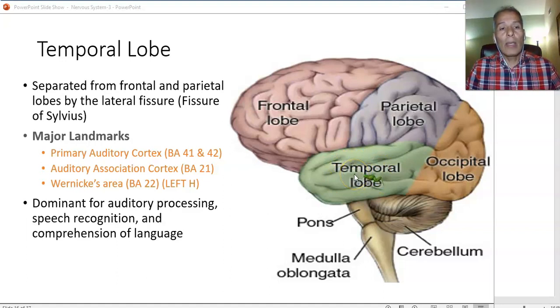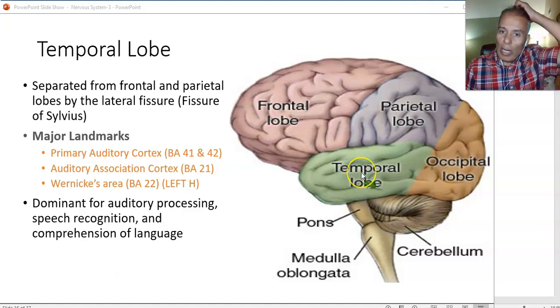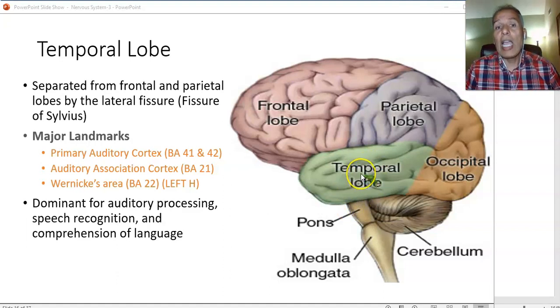And then if you go inside of the temporal lobe, deeper in, you're going to find the hippocampus, and you're going to find the amygdala. So the hippocampus, your memory processing center or memory encoding center, communicates with the association cortex here, Brodmann area 21.